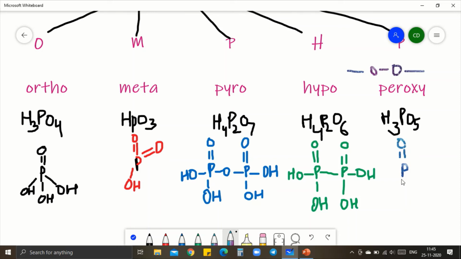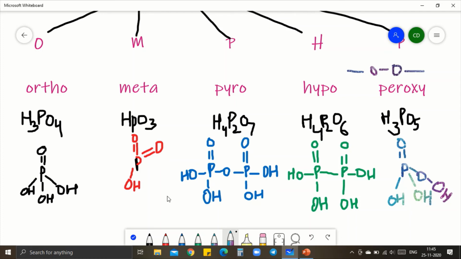So double bond O, and all the hydrogens should form OH groups. So one OH and the other OH, and there should be a peroxy bond too, right? So O, OH. So it satisfied all three conditions. P double bond O is there, all hydrogens formed OH groups, and the peroxy bond is also there.